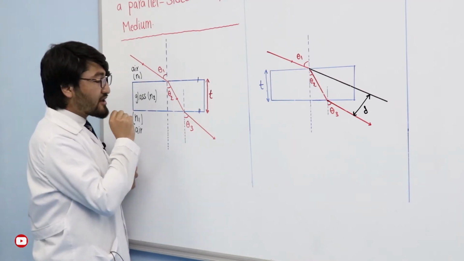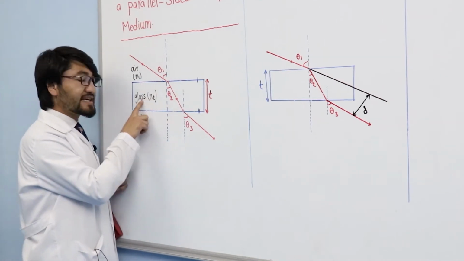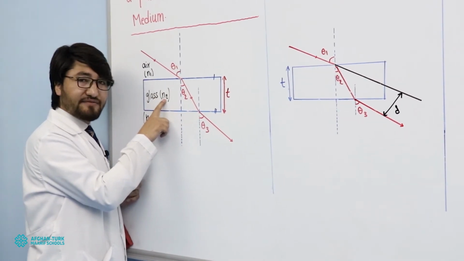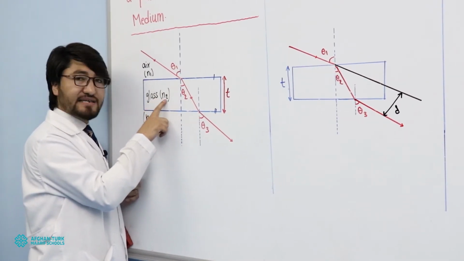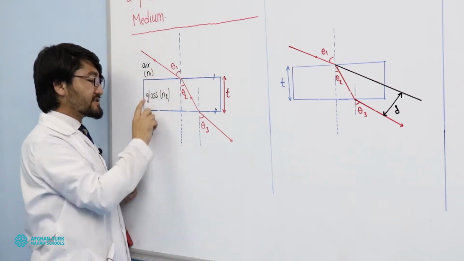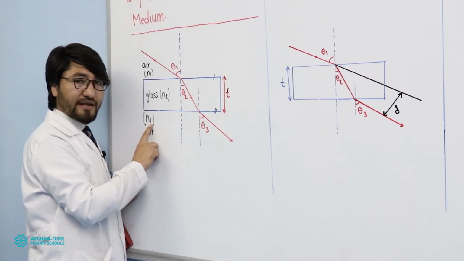Okay, according to the law of refraction, you see that it is glass. The transparent medium is glass. Glass has a refractive index. The refractive index of glass is N2. And both sides of this glass is air. The refractive index of air is N1.